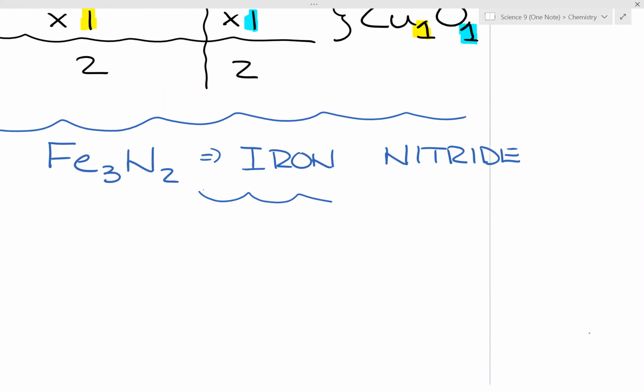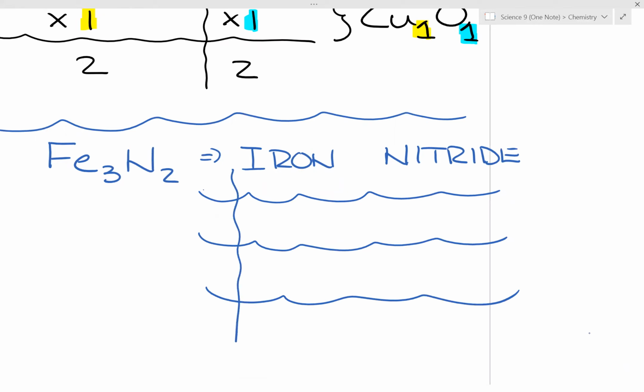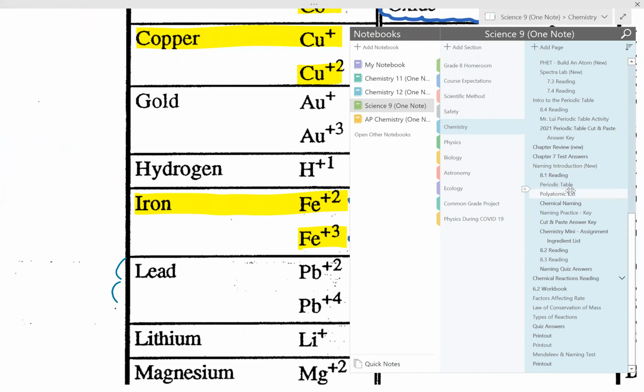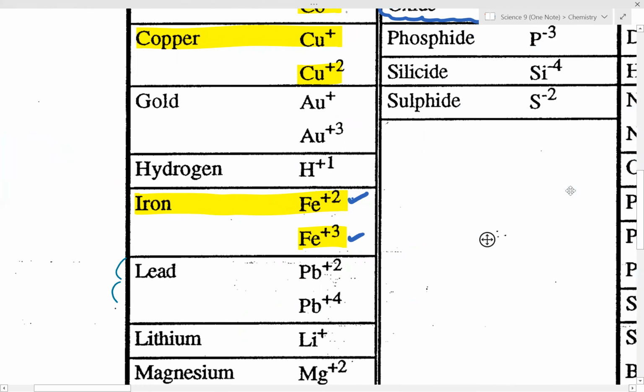So here, notice I'm setting up this table. What you have is your charge, your multiplier, and your LCM. Now, looking back at the table, you will notice it says iron had a charge of +2 or +3.